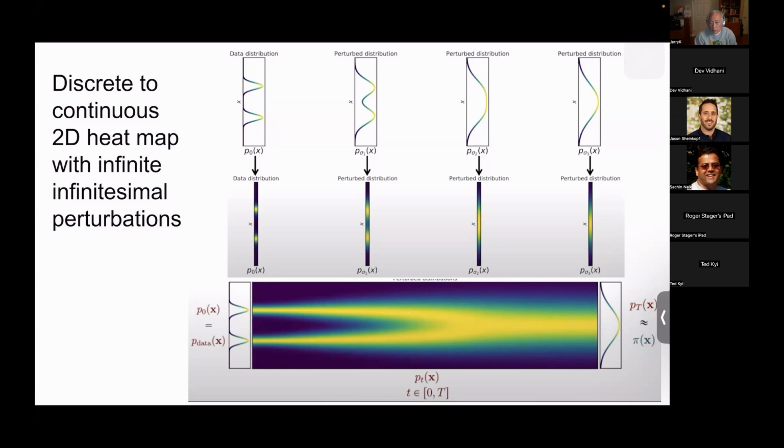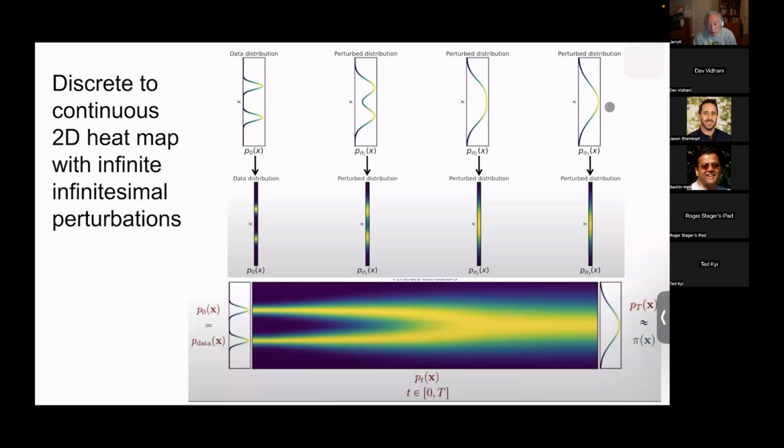And what you see is that you inject noise, which is you perturb the distribution, and with a few discrete steps, the more noise you inject, the target is to land at the perturbed distribution, which is a single Gaussian.